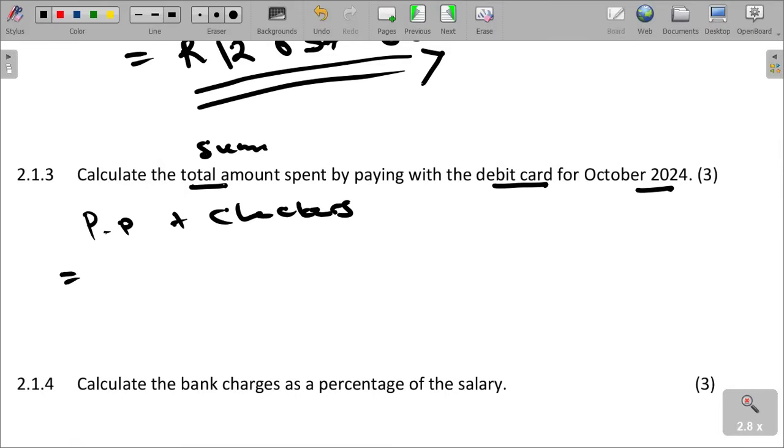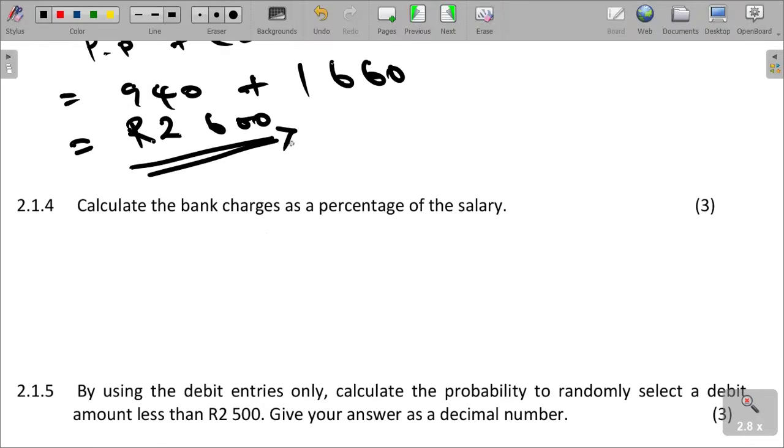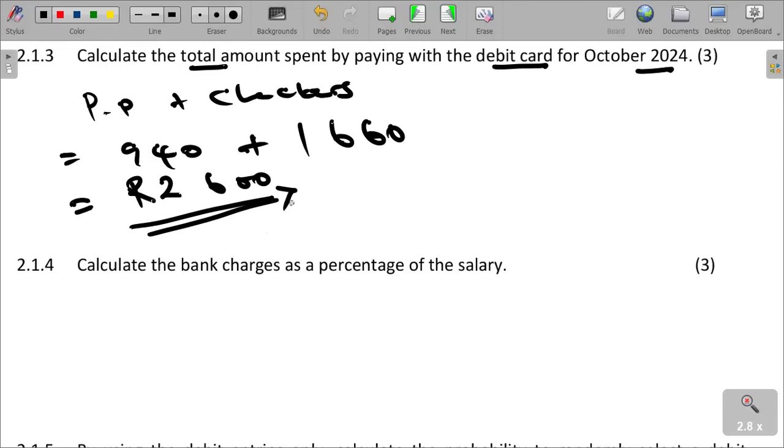Those are where we did the debit card payments. So we have 940 plus 1,660, which when you add them together, you get an amount of 2,600.